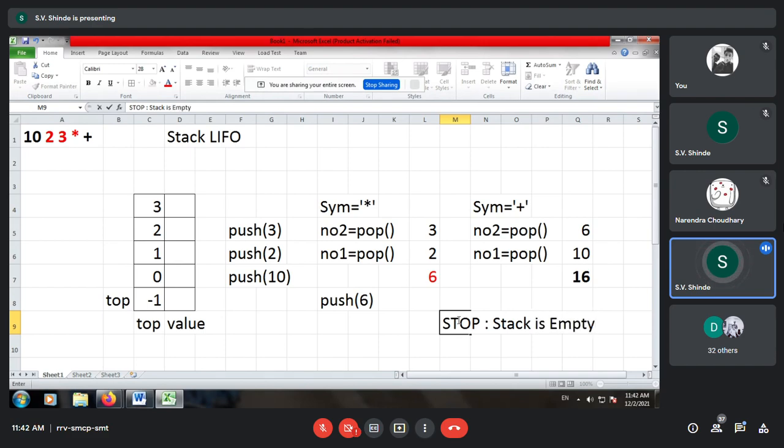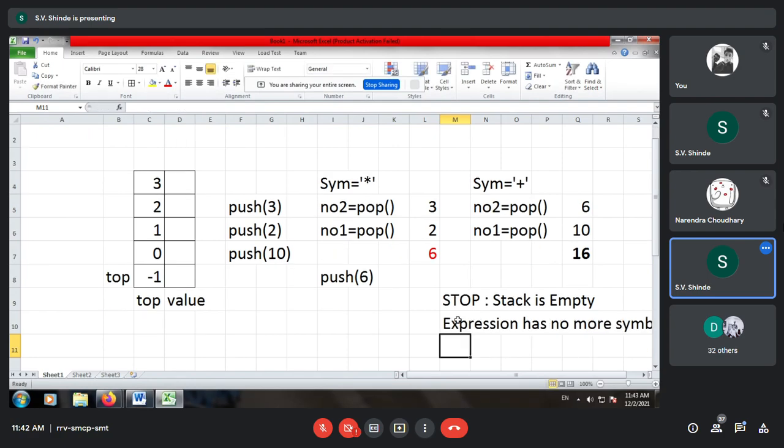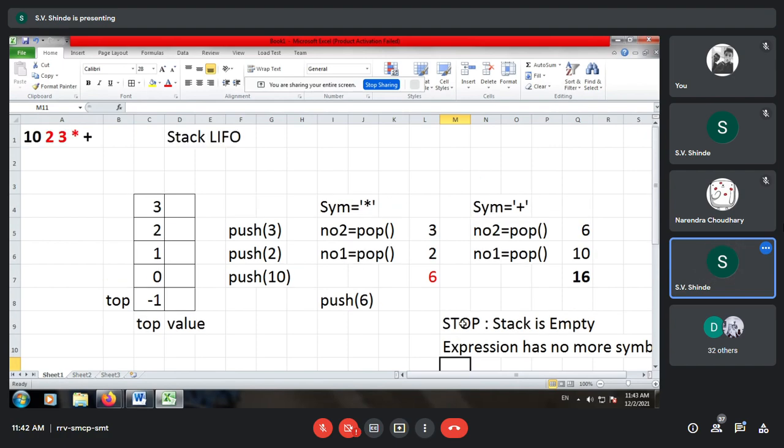So we found that the stack is empty, and the expression has no more symbols. When the expression has no more symbols and the stack is empty, this is the stopping criteria.